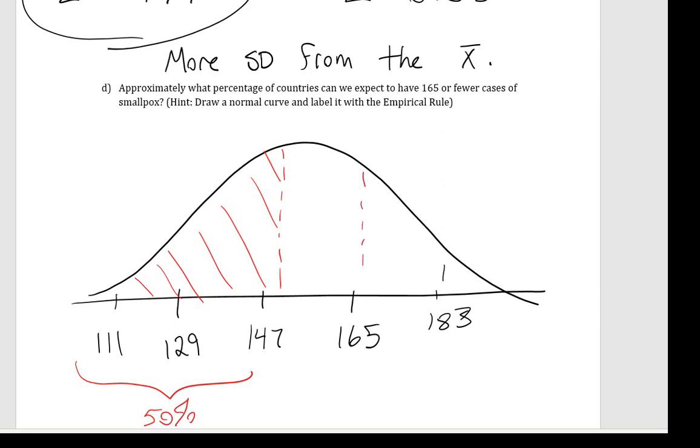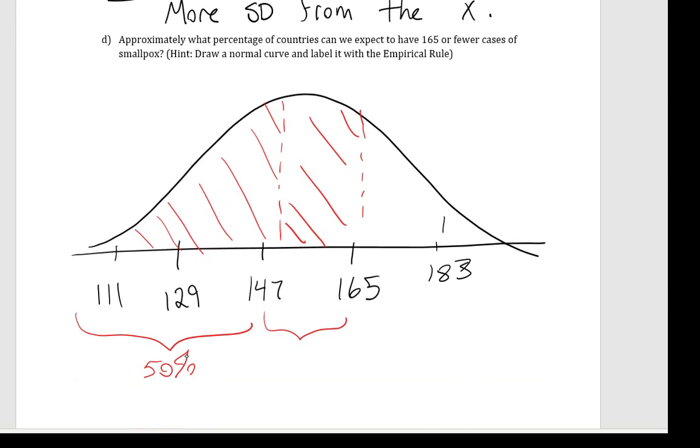Now, let's see what percentage of countries are going to have between 147 and 165. Well, that's actually going to be 34%. The reason that's going to be 34% is, remember, we have 129 to 165, and that has to be 68%.